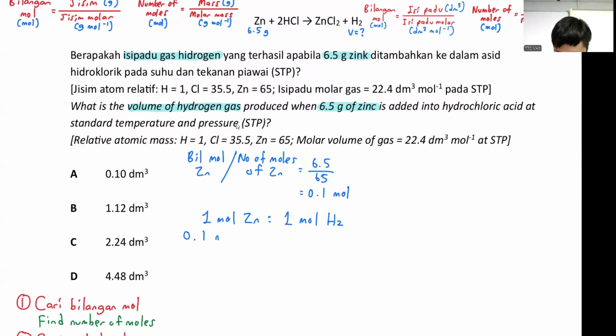The number is not zero, it is 1. So from the equation, 1 mole of zinc to 1 mole of H2. Just now you got 0.1 mole of zinc, so your H2 mole is also 0.1.